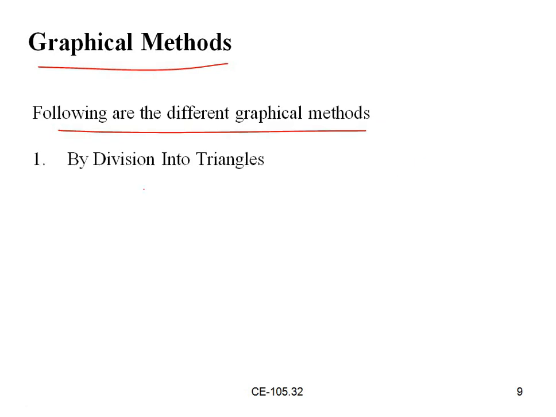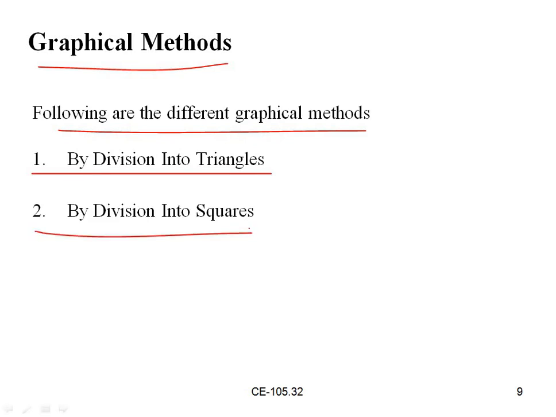In graphical methods, the following are the different graphical methods. The first one is by division into triangles. The second one is by division into squares. Some of the graphical methods will be by squares also.